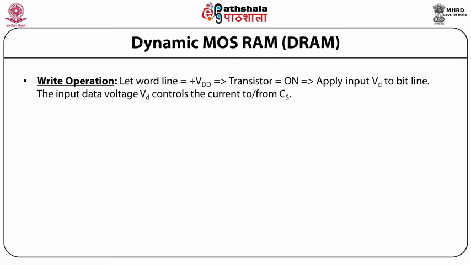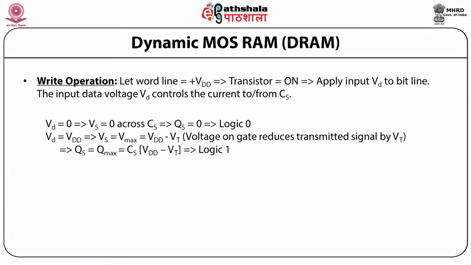Now if we apply input Vd to the bit line, the input data voltage Vd controls the current to and from Cs. If Vd equal to 0, it implies Vs equal to 0 across Cs. It implies Qs equal to 0. This is logic 0.